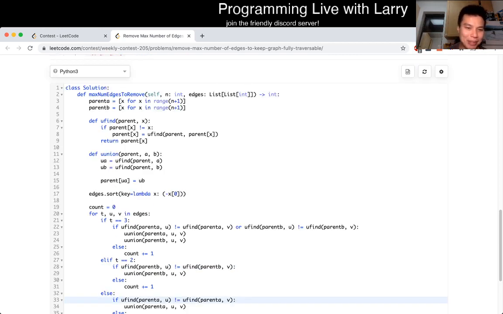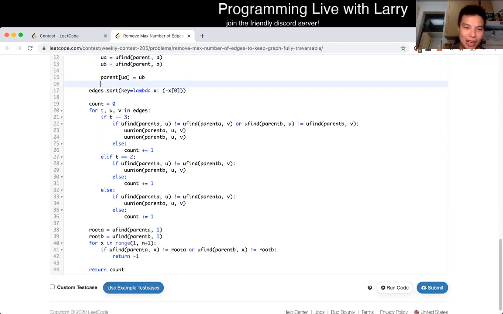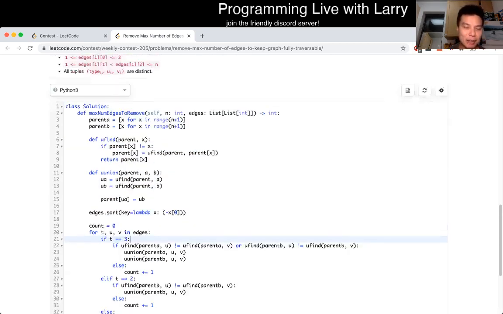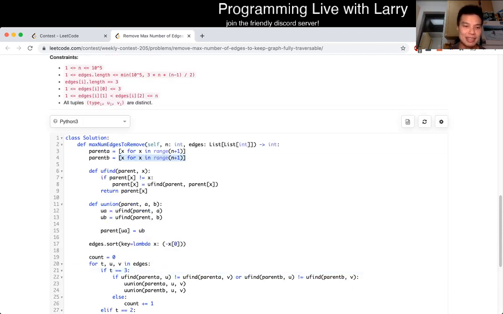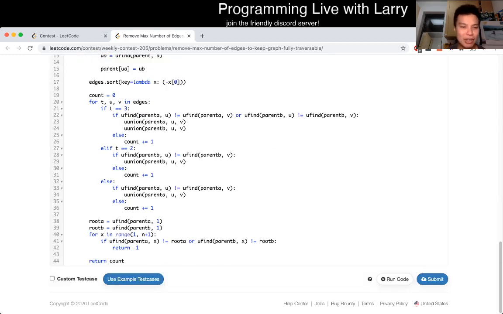I do path compression, but I don't do union by rank, so you could do your own analysis on that one. But roughly speaking, because you do O of 1-ish operation per edge, it's going to be O of y, where y is the number of edges. In terms of space, it's going to be O of v for the number of vertices. So that's the analysis for this problem.